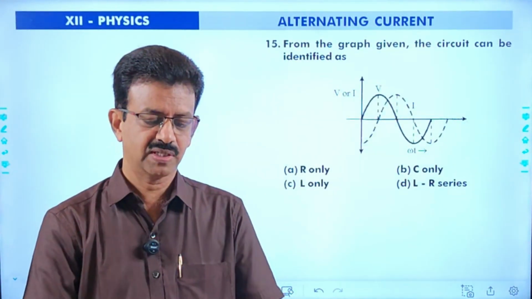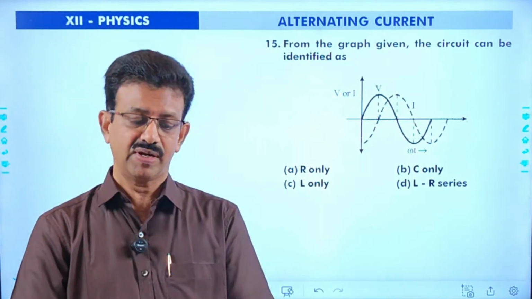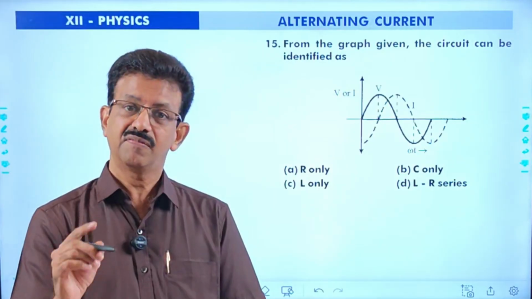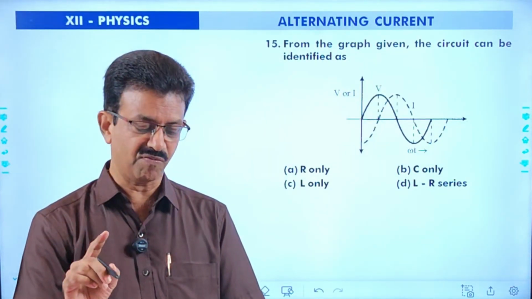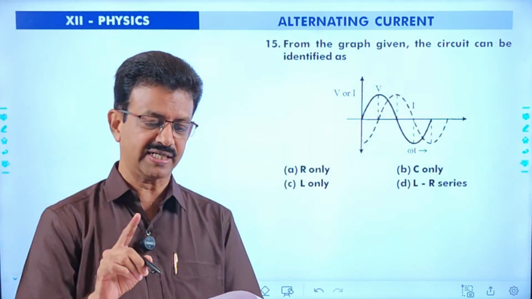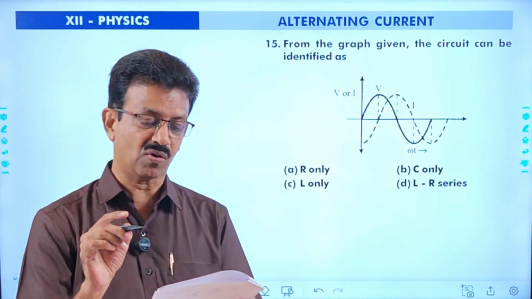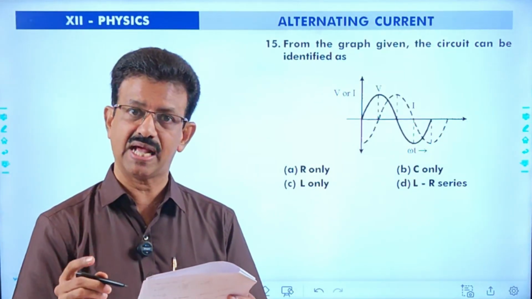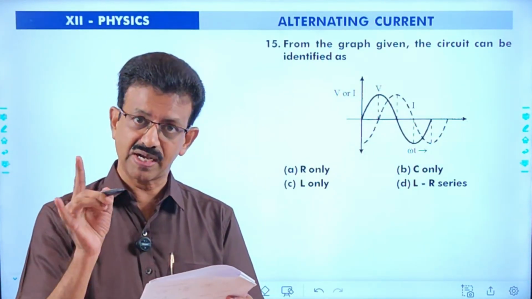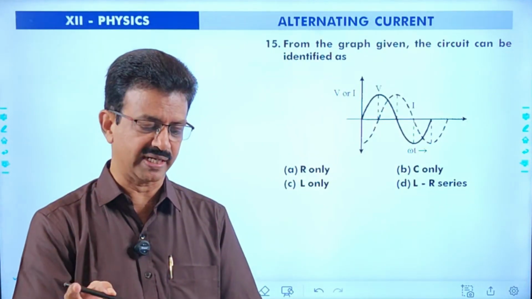Question number 15. Here also a graph is given. But from this graph, we can identify a lot of things. First of all, current lags behind the voltage by a phase angle. The phase difference between the voltage and current here is pi by 2 because the peak of one is coinciding with the 0 of the other. Therefore, phase difference is pi by 2 and the current is lagging behind the voltage.